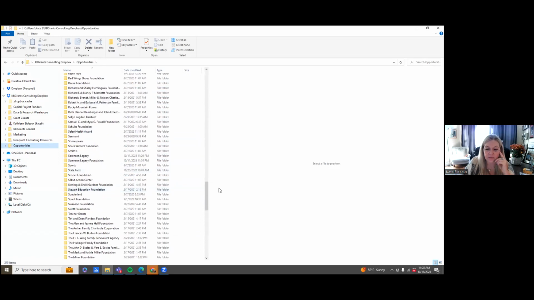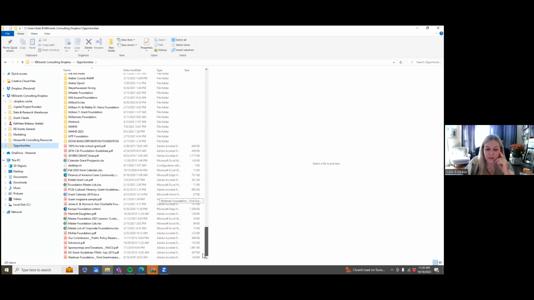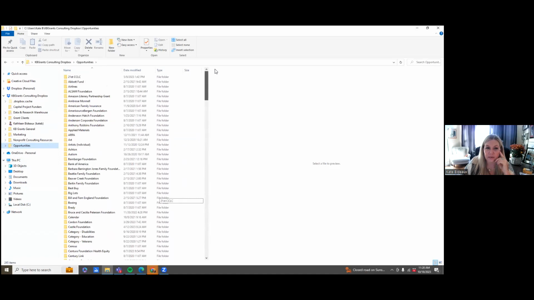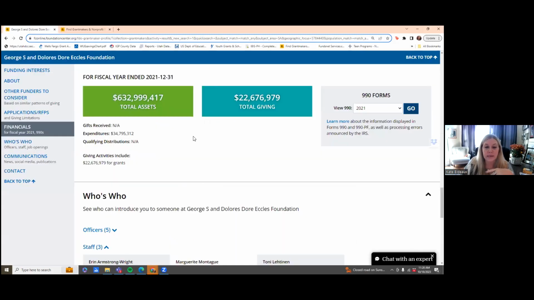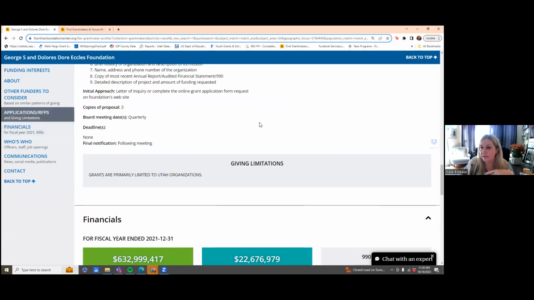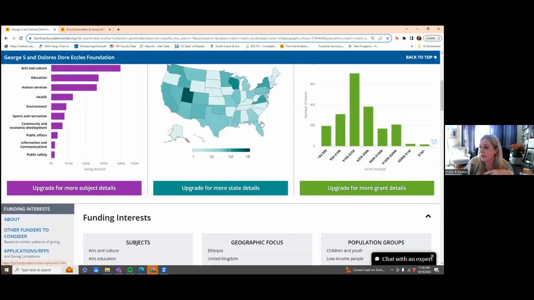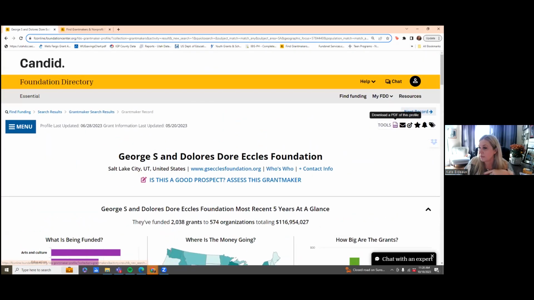So you can see all of the research that I've done and all the grantors that I've researched here. And then inside of each one, I put a copy of the 990s. And then I also come in and I can print off, you can save this page as well. And I save this page. So I go in and make that a PDF as well. And so I can look at a couple of years of 990s. I can look at this PDF.